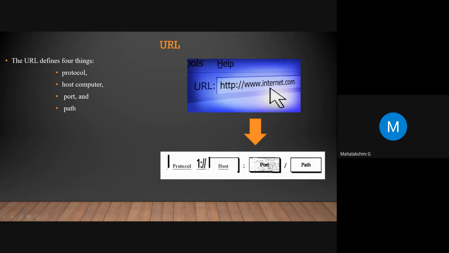It will be represented in this format. Here we have a protocol called HTTP, then a colon and //, then you tell the address, www.internet.com, and after that you can have a colon and a port address, which is optional. We will see it later on. If possible, you can give the path by using /. We will see all these 4 things in detail.